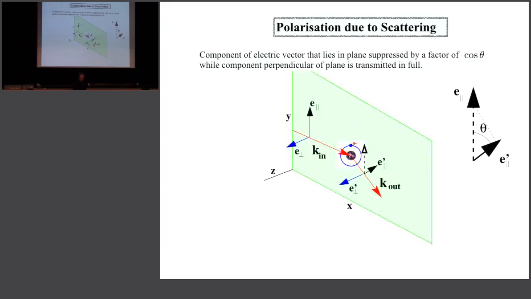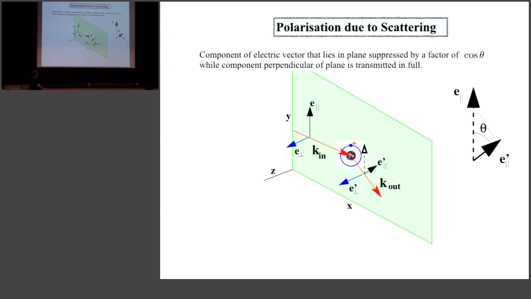So just to draw this a bit more. Here I have the scattering plane, so what was previously perpendicular to the stage here in green. I have my incoming photon coming in like this. The electric vector is pointing in this case in this direction here, it's not drawn. There's two components to this electric vector, one that lies in this plane and one that lies perpendicular to the plane.